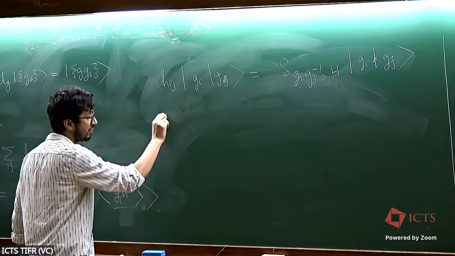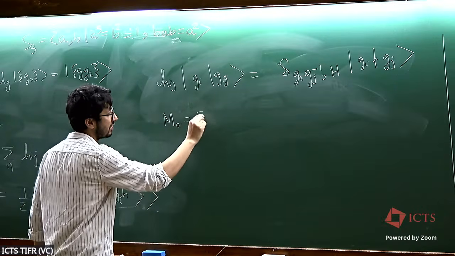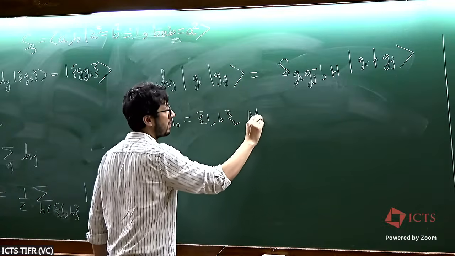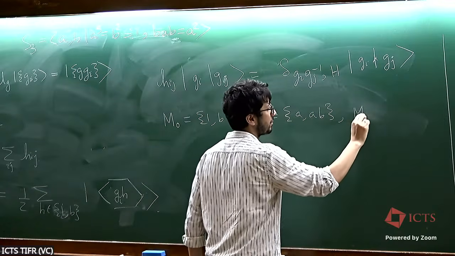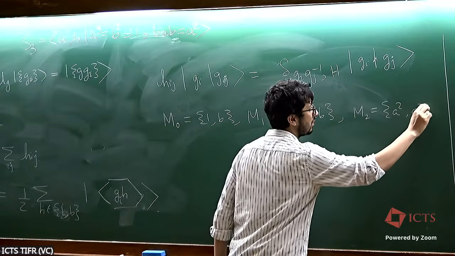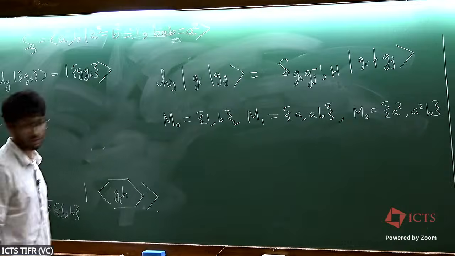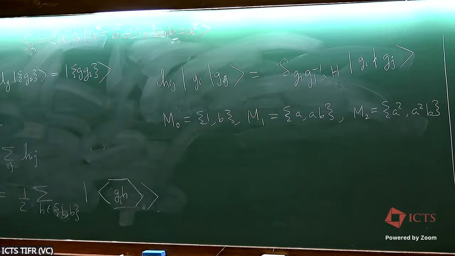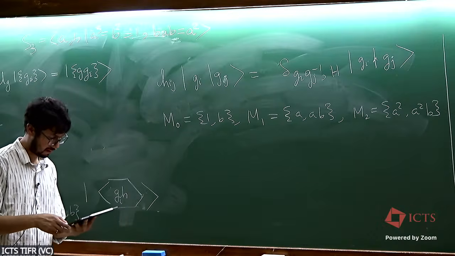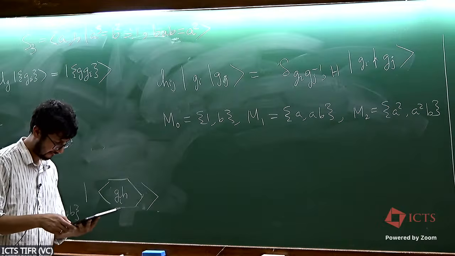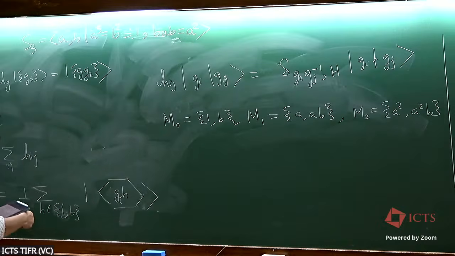So the set of left cosets is, let's say, M0 is 1, B, M1 is A, B. In this case, H is 1 and B. It's a Z2 subgroup of S3 that has the elements 1 and B. B is an order 2 element.